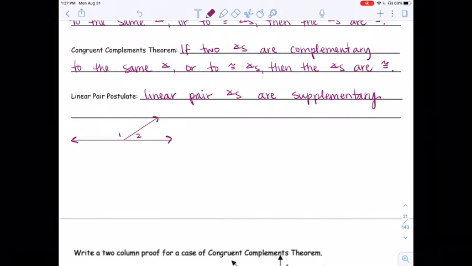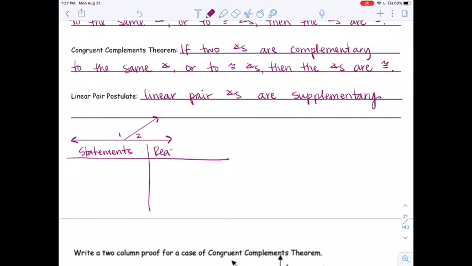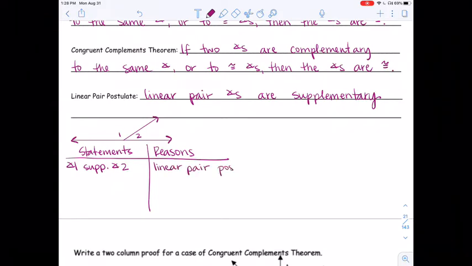Let's talk about our statements and reasons. Okay, option number one for correctly using our linear pair postulate is to say that angle 1 is supplementary to angle 2, and then we put linear pair postulate. You can just put POST is fine.